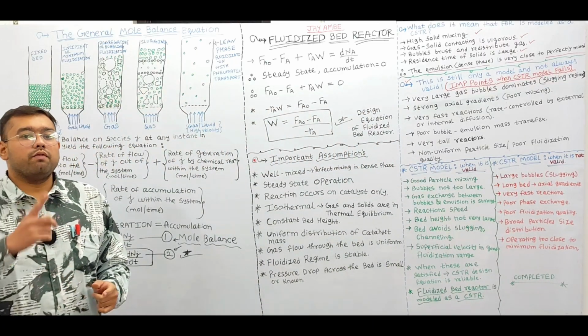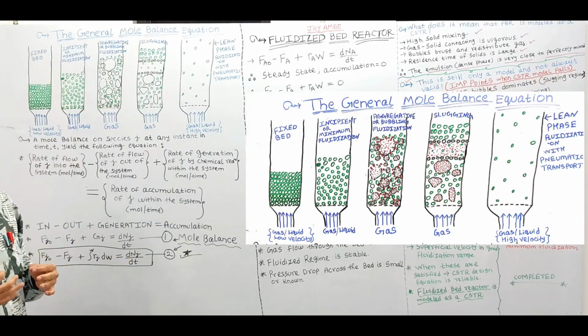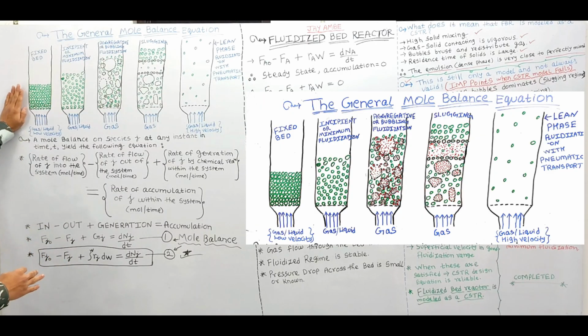Okay, so the first case is when the flowing fluid velocity is below the minimum fluidization velocity. During those conditions, the solid catalyst bed will behave as a fixed bed, right? So there will be no expansion or suspension in the solid catalyst bed present in the fluidized bed reactor.